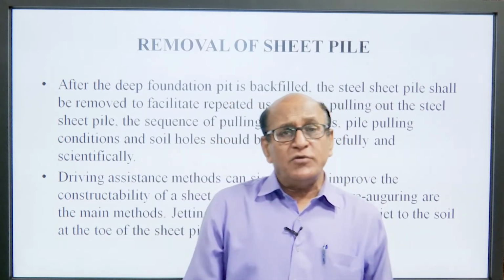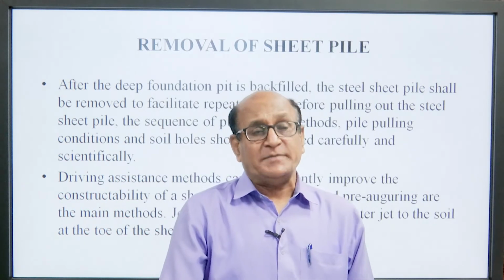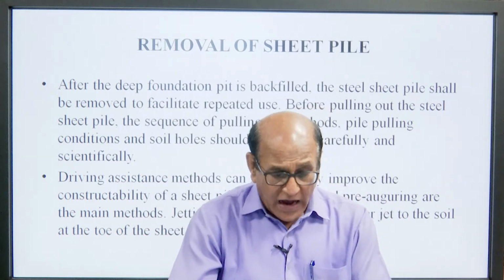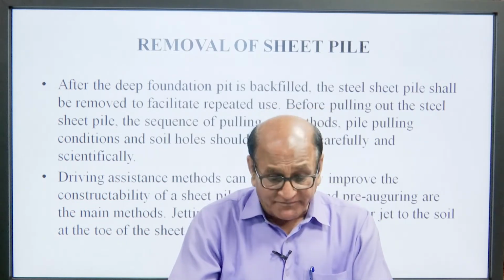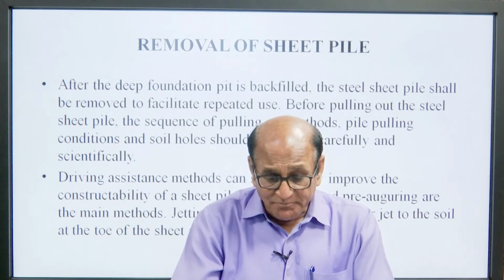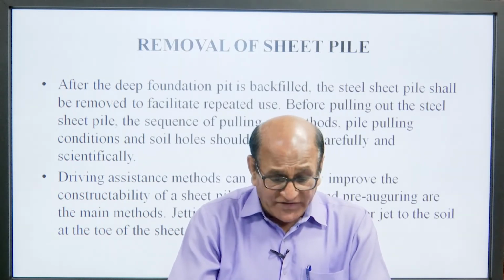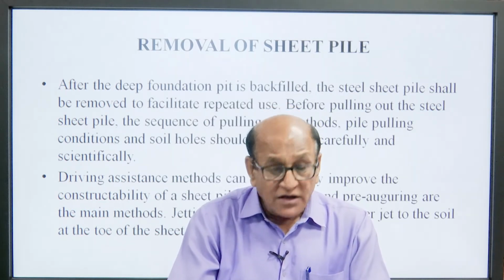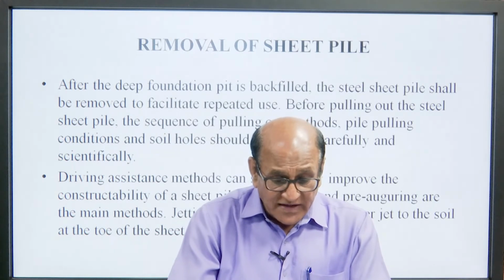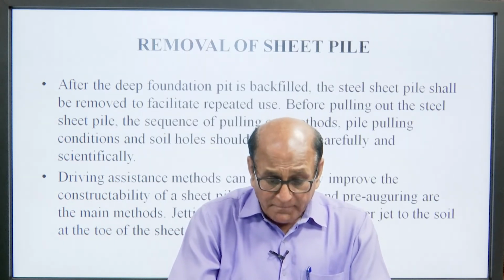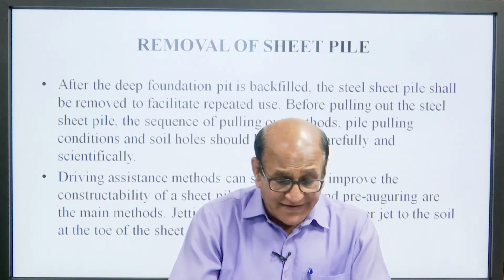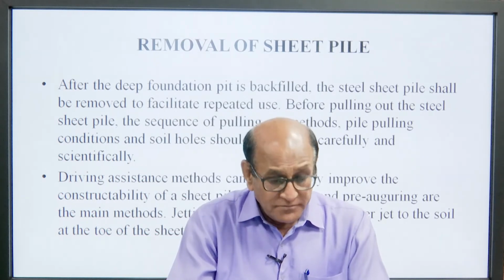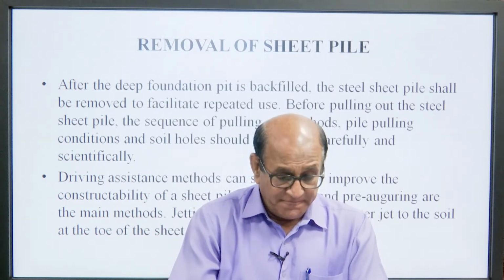We can think, because we are using costlier sheet piles, whether they could be removed or not. After the deep foundation pit is backfilled, the steel sheet pile shall be removed to facilitate repeated use. Before pulling out the steel sheet pile, the pulling-out sequence, pile pulling conditions and soil holes should be studied carefully and scientifically.